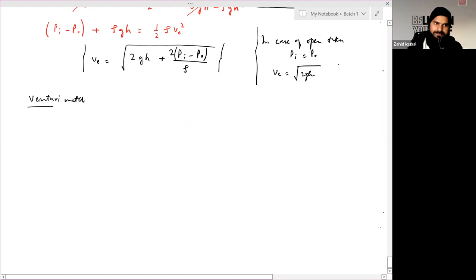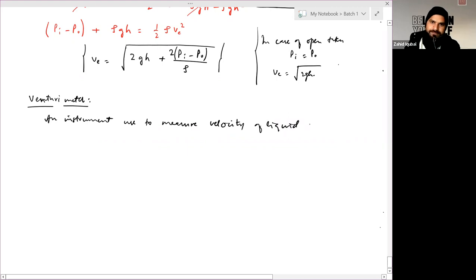Venturi Meter. It is just an instrument which is used to measure velocity of liquid at any instant.